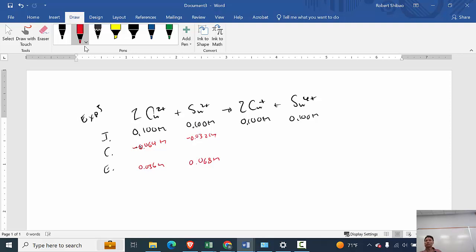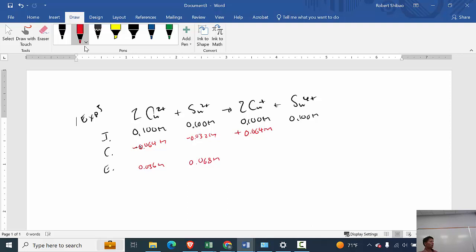Is that right? And then what would this be? The copper 1+ would be plus 0.064. Atoms aren't created nor destroyed, so if I lose 0.064 copper on the left, I have to gain 0.064 copper on the right.